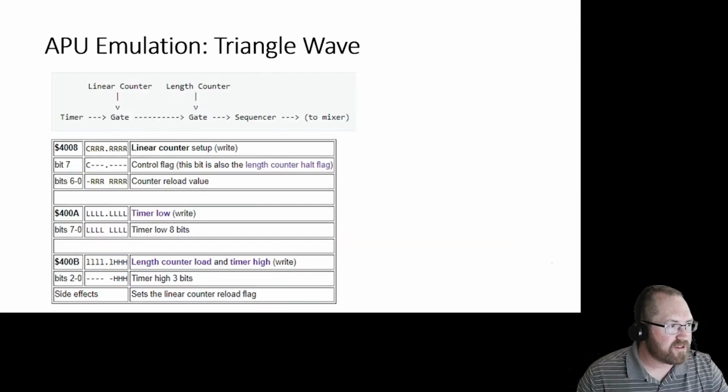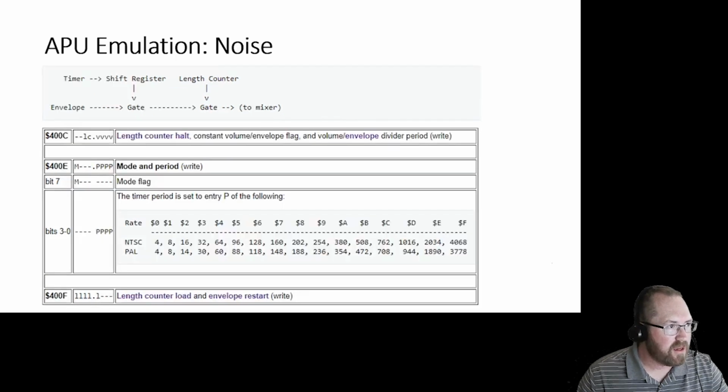The triangle wave is similar, but it's actually simpler than the pulse wave. It has 2 counters that can each terminate the sound, but it doesn't have the sweep function for the volumes and things like that. And then the noise channel is simple as well. It's very similar to the triangle channel.